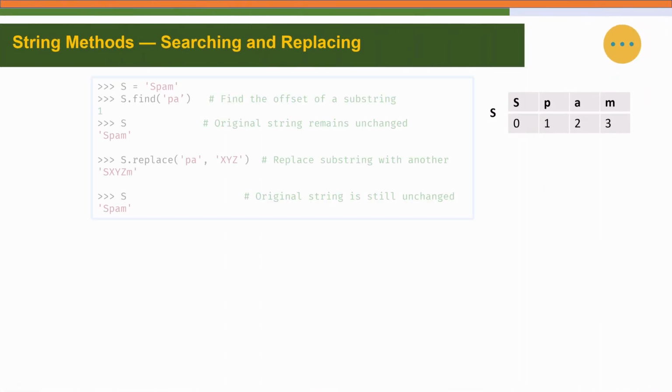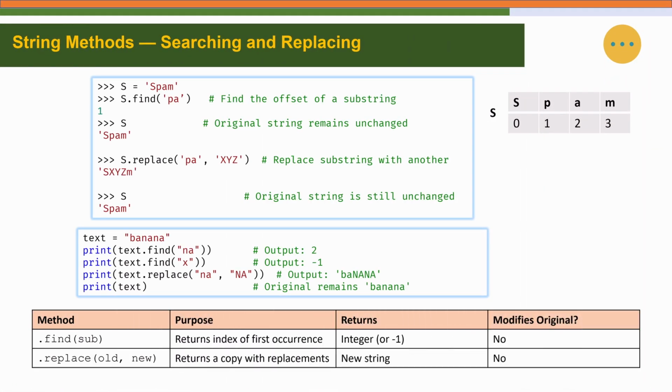Python strings come with a powerful set of built-in methods that let us manipulate and search text very easily without needing any external libraries. Let's start with two commonly used methods, find and replace. The find method is used to search for a substring within another string. The method returns the offset index where the substring first appears.